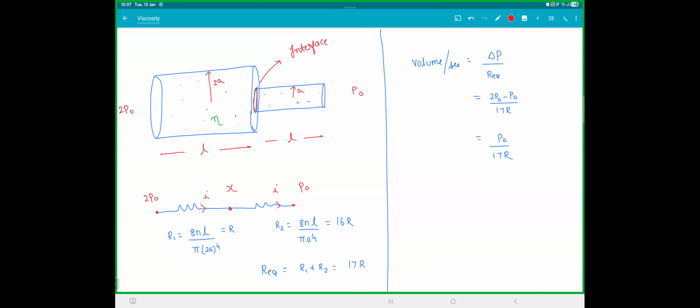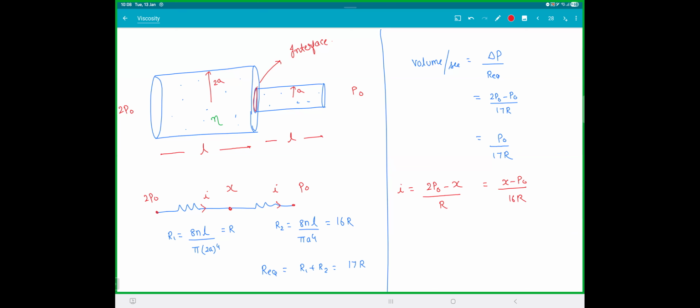This is a pretty good technique. We are going to use this multiple times later on. So the current in a resistor is the potential difference across the resistor by resistance. Do you agree with that statement? For the first resistor, it is 2P naught minus X by R. Current in the second resistor is X minus P naught by 16R.